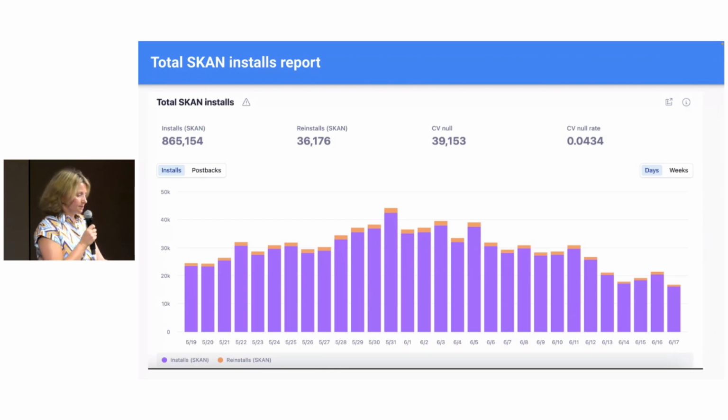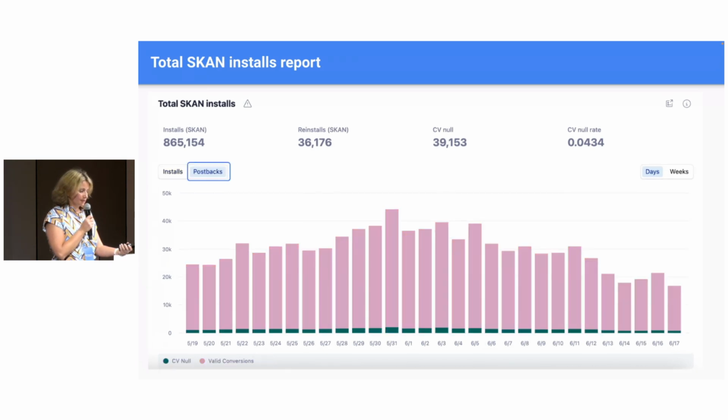Let's see the first dashboard. The name is Total Scan Installs Report. It shows the combined total installs and reinstalls from a campaign, with the breakdown of the number of postbacks which returned a CV null value because the conversion did not pass Apple's privacy threshold. It's also possible to see the split between conversion value null as compared to the rest of your events, so valid conversions.